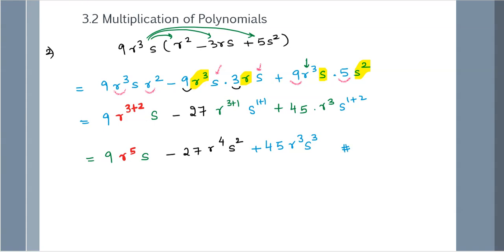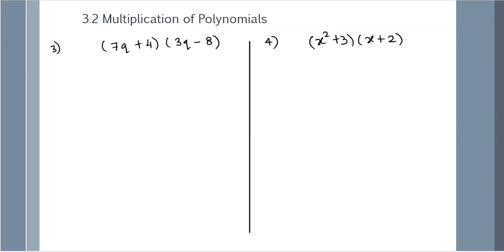Okay. Let's see how we multiply two binomials. It is similar to how you multiply a plus b with c plus d. Okay. You did this earlier. So you multiply this 7 cube with both the terms and then 4 with both the terms. Okay. So when you do this, what you will get? 7 cube multiplied by 3 cube.